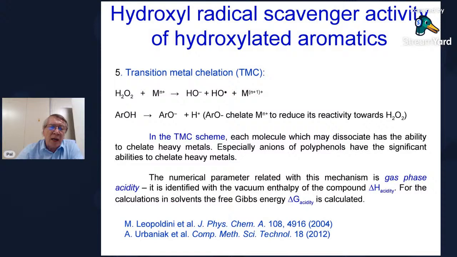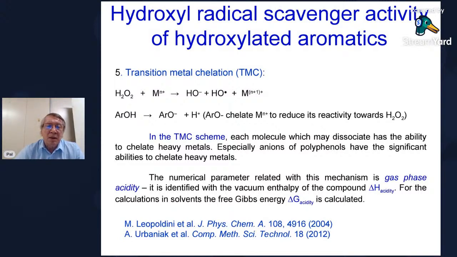Since hydrogen peroxide is formed under physiological biochemical processes, the non-complexed transition metal ions represent a threat for the cellular macromolecules, since hydroxyl radicals are formed.